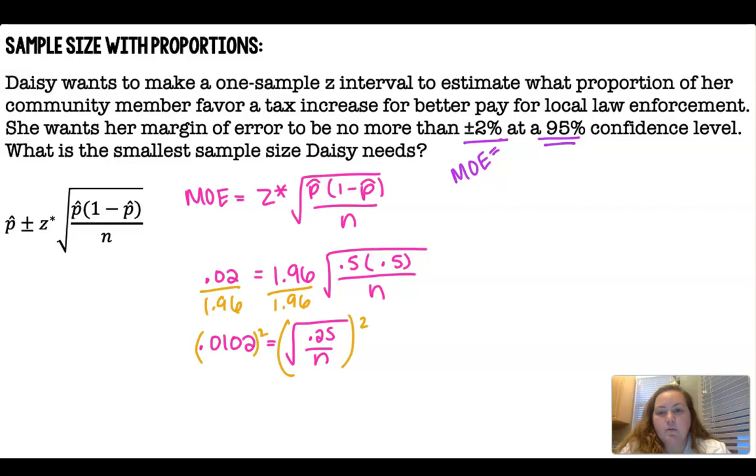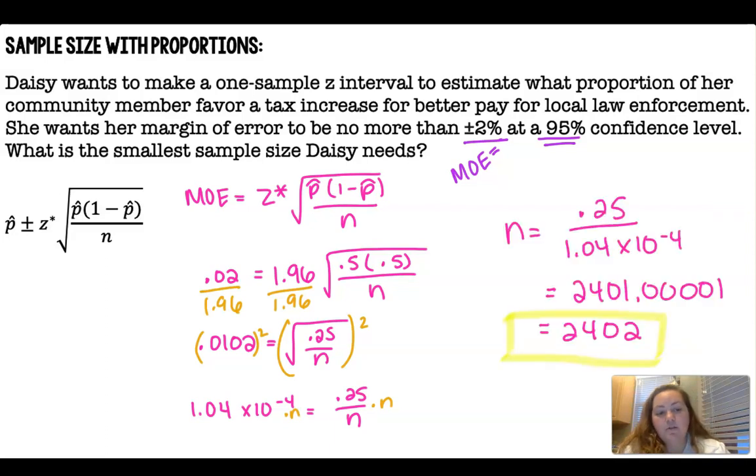I want to get rid of the square root, so I'll square both sides. When I square that, I get a very small number, 1.04 times 10 to the negative 4, which would really be 0.000104. So if you want to write it like that, you can. Then what I would do is multiply both sides by n, and then divide 0.25 by that 1.04 times 10 to the negative 4.